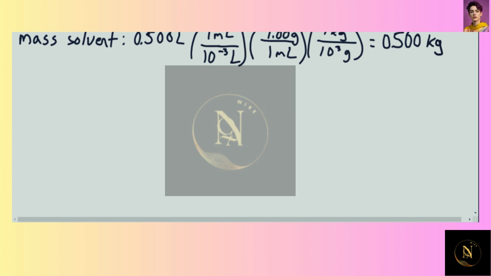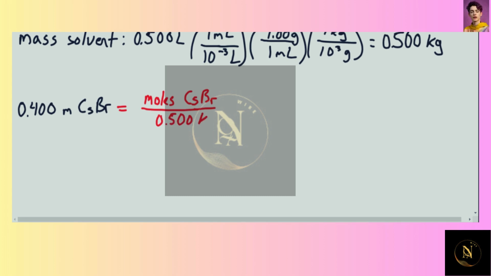So we're given the concentration that we want to have, which is 0.400 molality cesium bromide. That's what we want. And so this molality here is going to be equal to the moles of cesium bromide divided by this mass we just calculated.